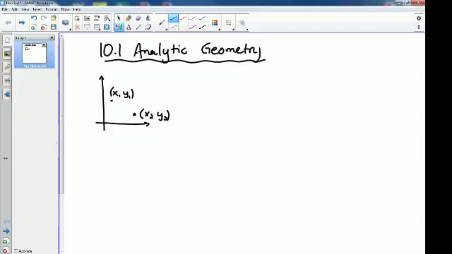So if you want to find the distance between these 2 points, you use the distance formula. It comes from the Pythagorean theorem.